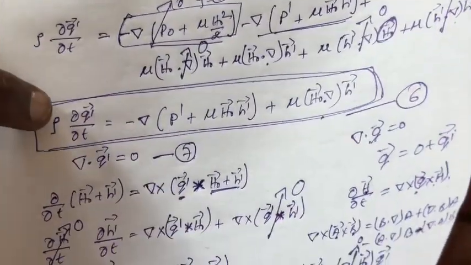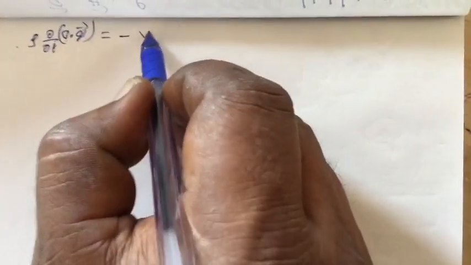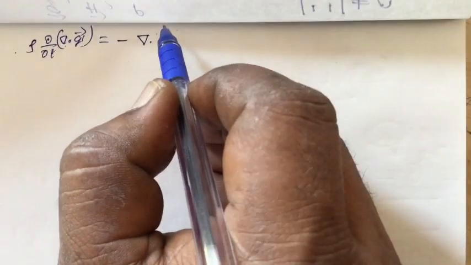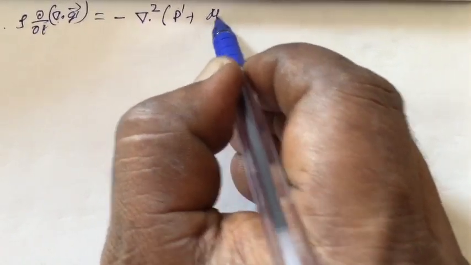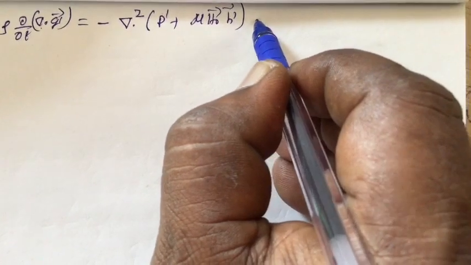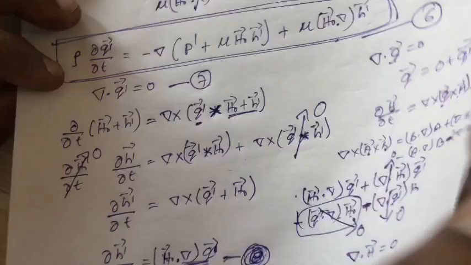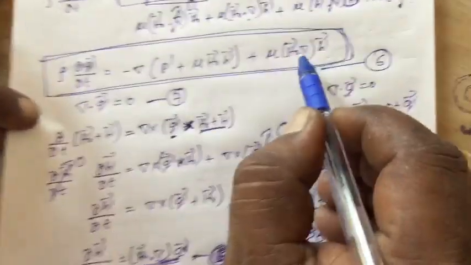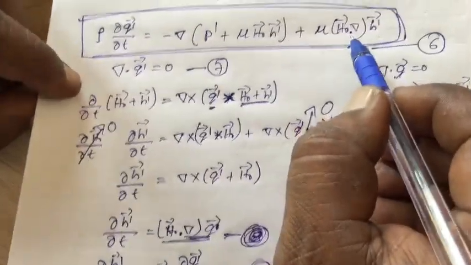This is equal to minus divergence of gradient, and divergence of gradient becomes the Laplacian of P dash plus mu into H naught into H dash, plus mu into H naught into the gradient term.